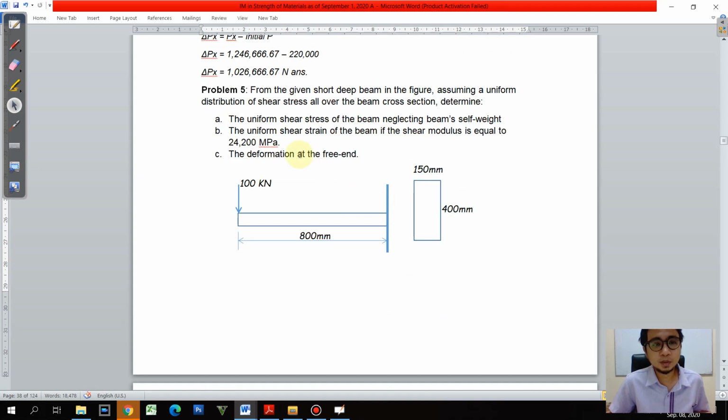Okay, so for the fifth problem, we have here the uniform shear stress of the beam. Neglecting the beam's weight, we are going to determine this. If we have here a short beam here with this dimension, and then this is an overhang with a length of 800 millimeter, and a pointed load is applied at the edge of this cantilever beam.